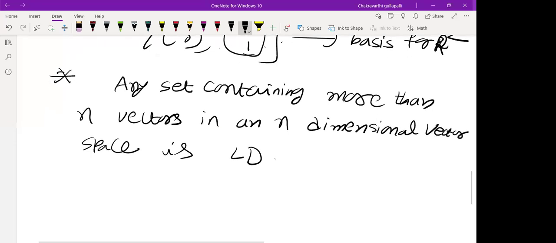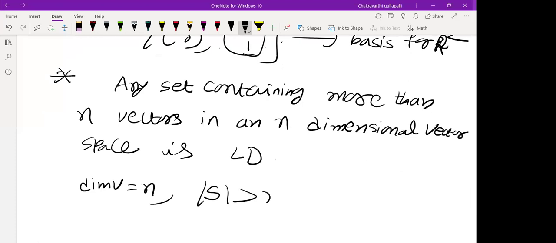What is the meaning of this? If the dimension of V is n and S contains more than n vectors, that is, more than the dimension number of vectors, then S is linearly dependent.